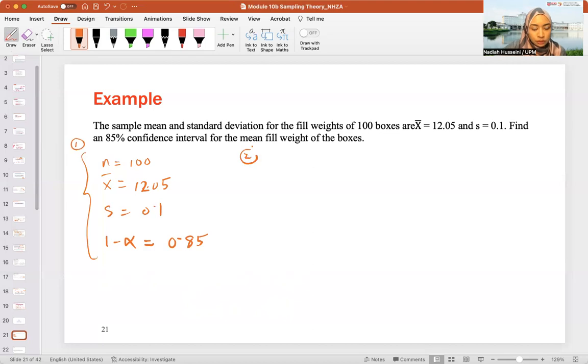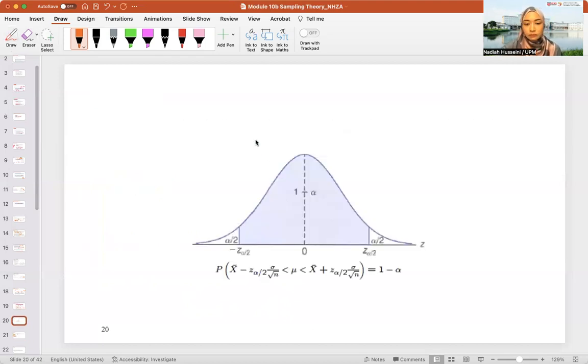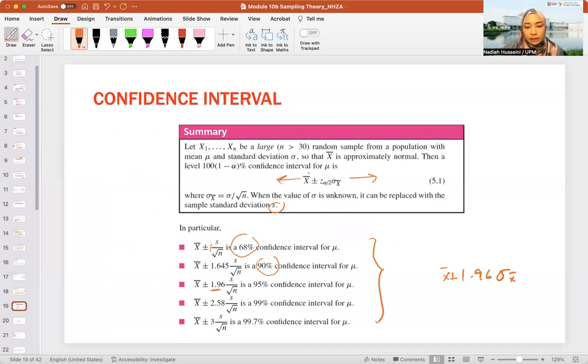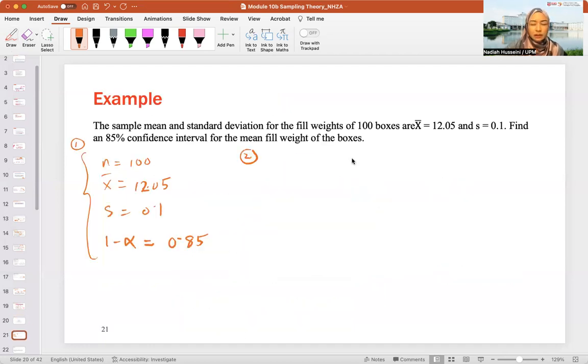Step number 2 is, let's go back to the definition. We want to find our range, right? We want to find our confidence interval, and our confidence interval follows this. So I'm going to copy this: x-bar plus minus z alpha over 2 times the standard deviation of our sample mean.